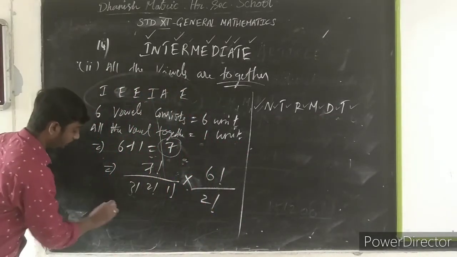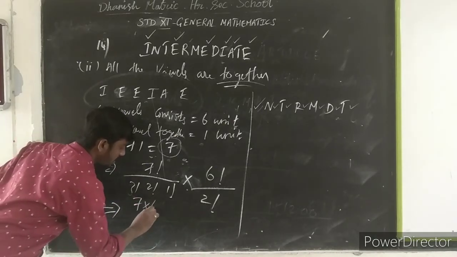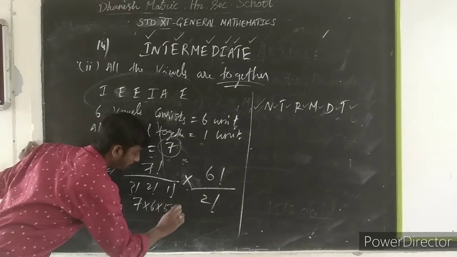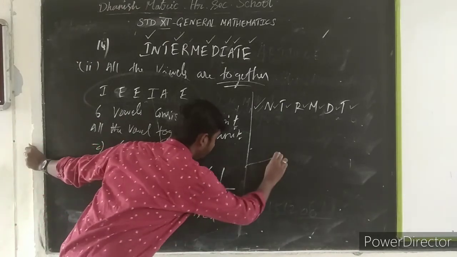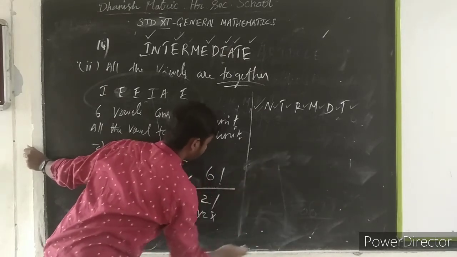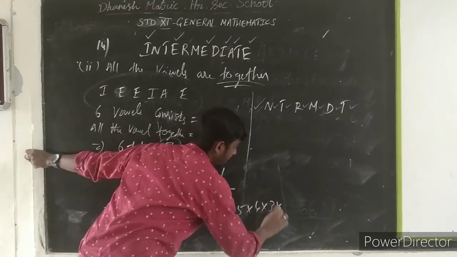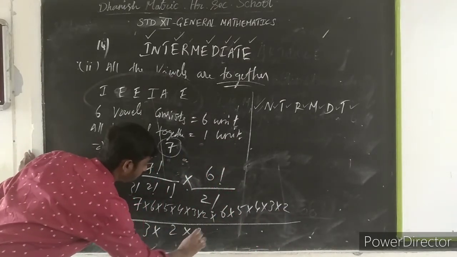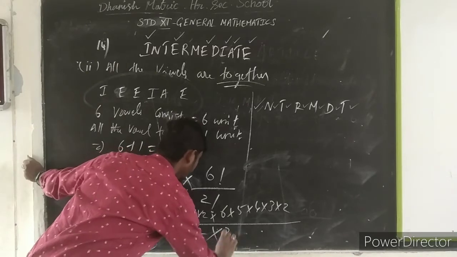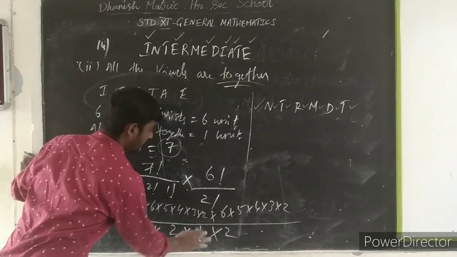Now write like this: 7 factorial, that is 7 into 6 into 5 into 4 into 3 into 2 into 1, and here 6 into 5 into 4 into 3 into 2 divided by 3 into 2 into 1, then again 2 here.